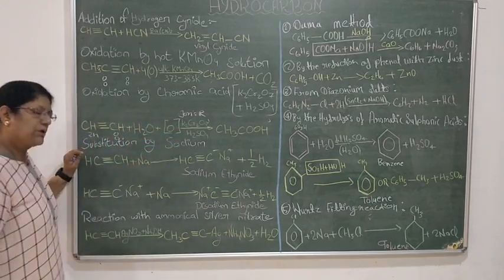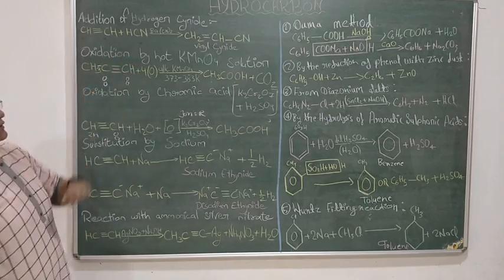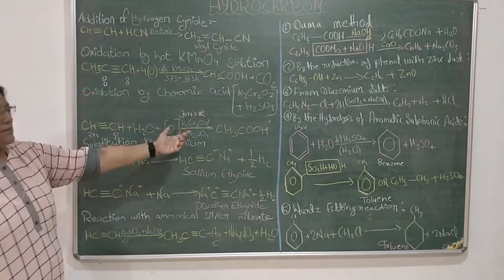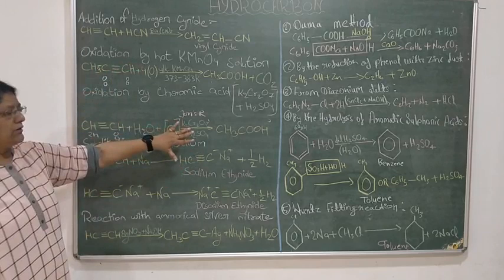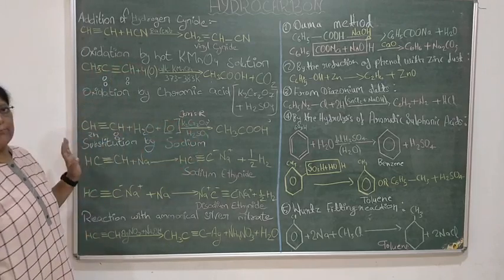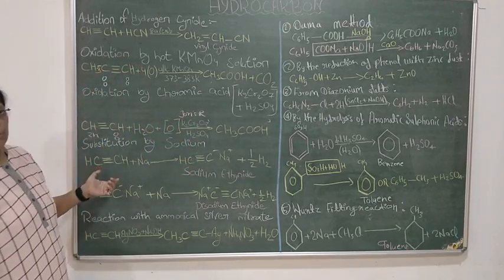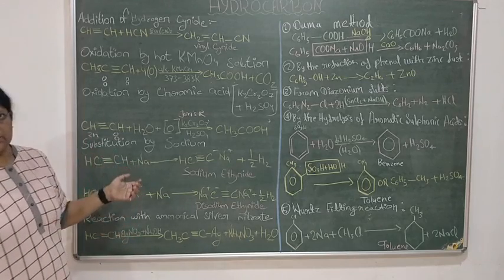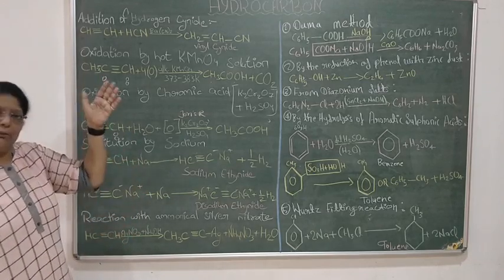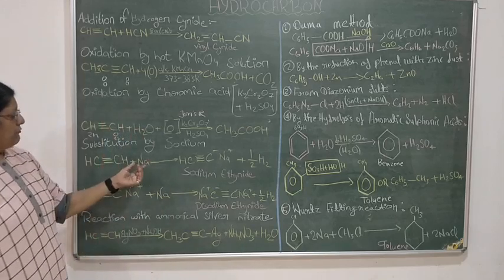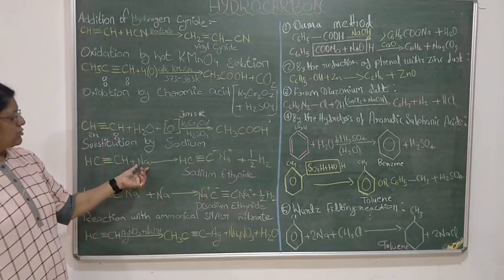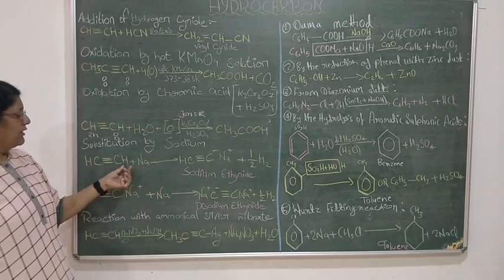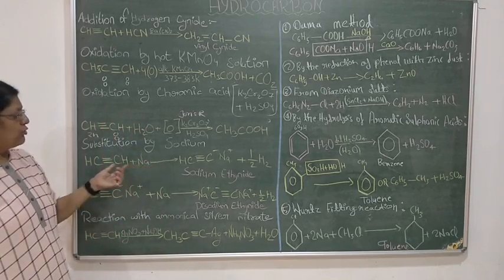So oxidation we can do in presence of alkaline KMnO4 also, or in presence of K2Cr2O7 with dilute H2SO4 as a Jones reagent. Now we are reacting with sodium. As we know that hydrogen, lithium, sodium, potassium are the elements of the same group. If we are reacting acetylene with sodium, definitely sodium will replace this H and form sodium acetylide.